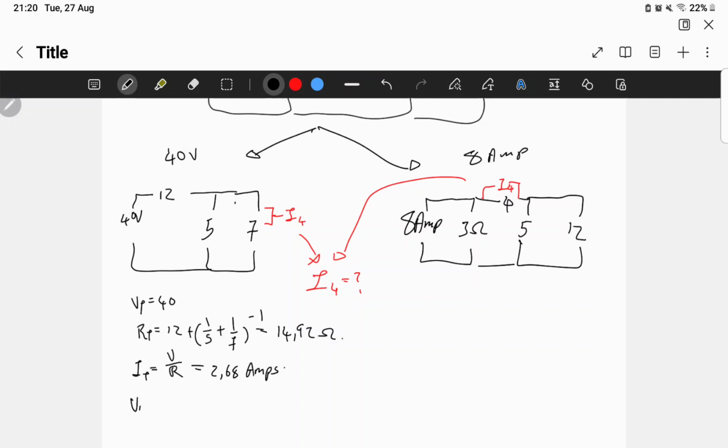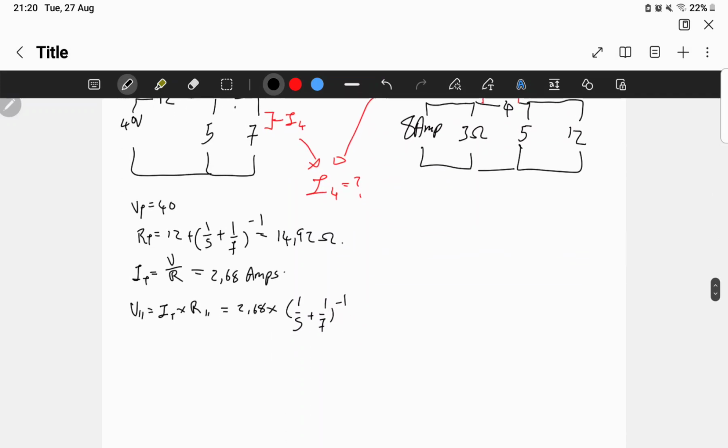Therefore we have to calculate our voltage in parallel. It's going to be our total current multiplied by our resistance in parallel. So we're going to have 2,68 multiplied by our resistance in parallel, which is (1 over 5 plus 1 over 7) to the minus 1, and that gives us an answer of 6,06 volts.